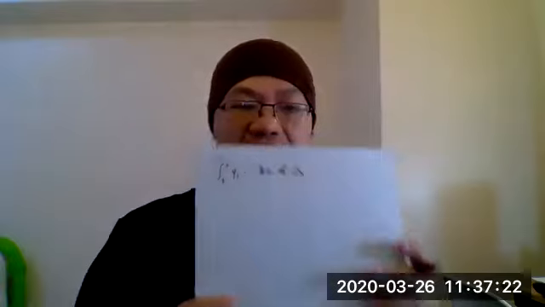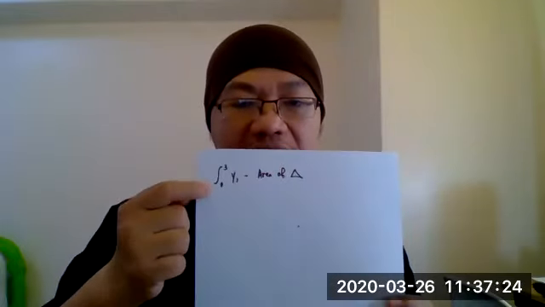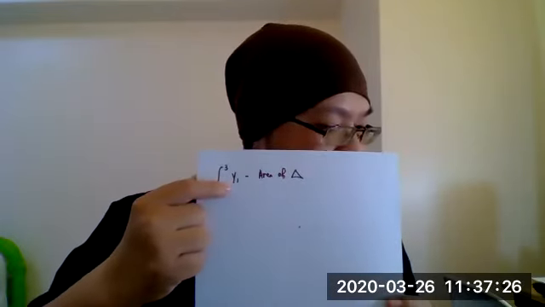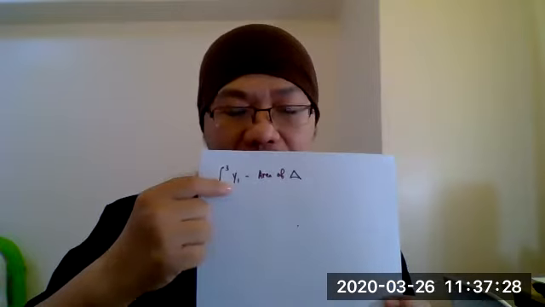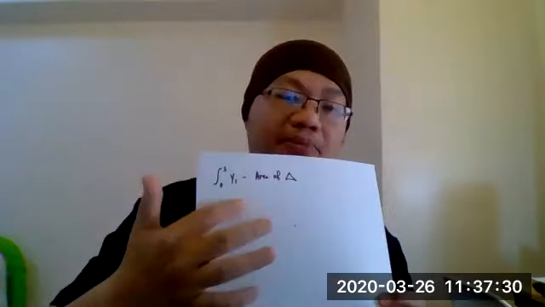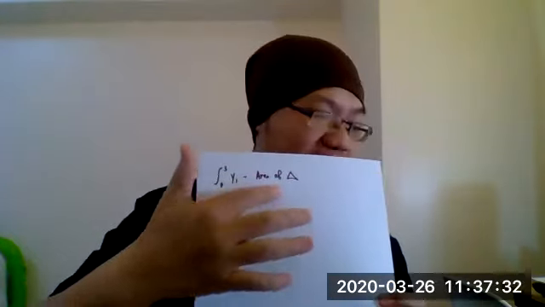So 0 to 3, the top is curve equation y1 minus area of triangle. Okay. So this will be the formula. Integrate 0 to 3 y1. I told you I labeled the curve as y1 because the curve is the top, minus the bottom, which is a right angle triangle.